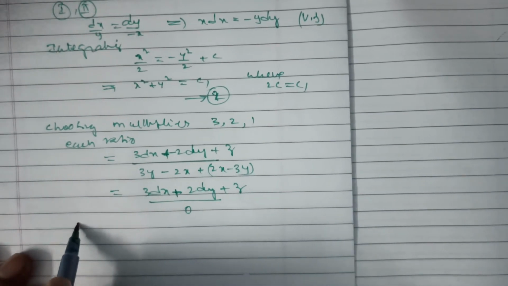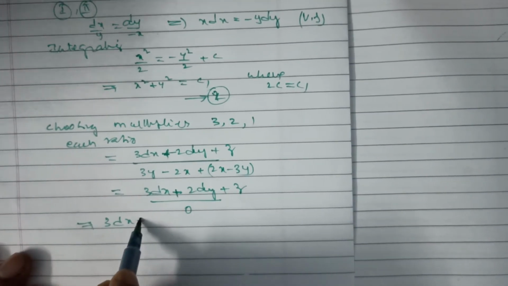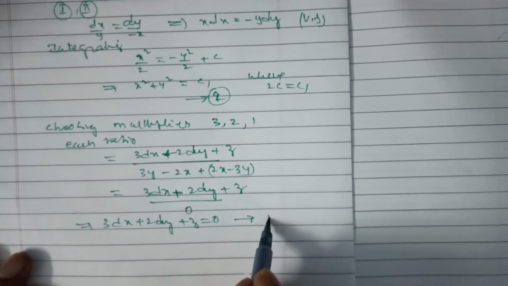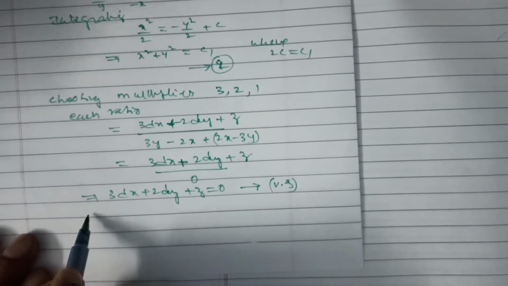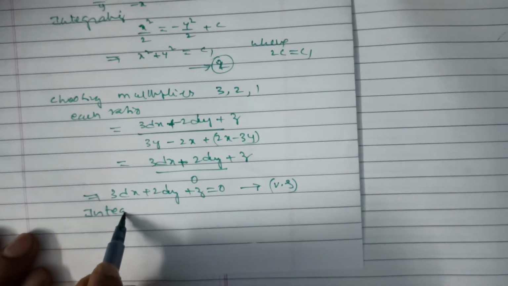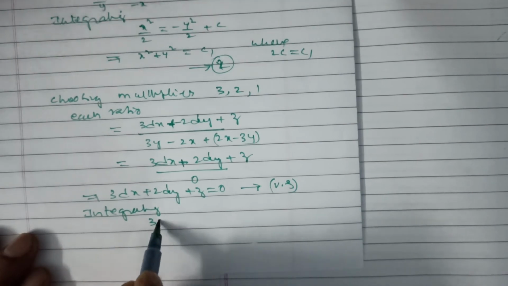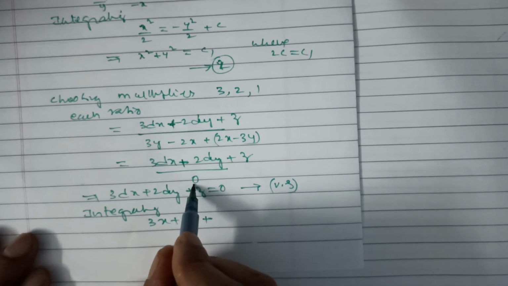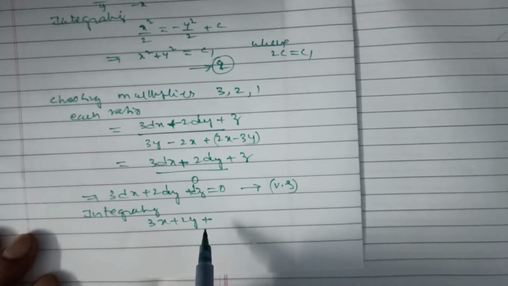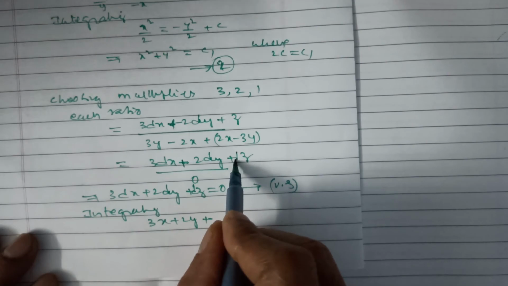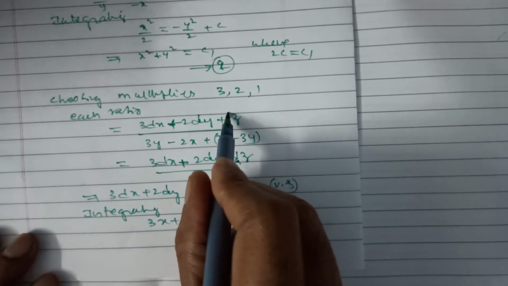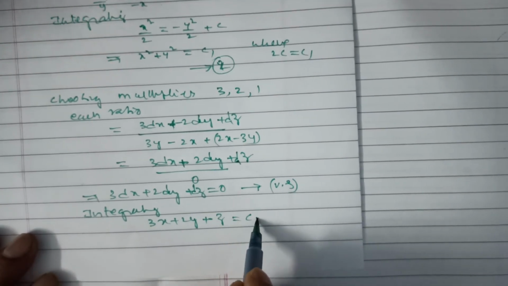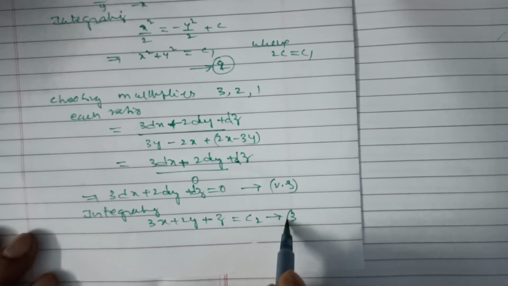This implies 3 dx plus 2 dy plus dz is equal to 0. This is also variable separable form. Integrating, 3x plus 2y plus z is equal to C2. Take this as equation 3.